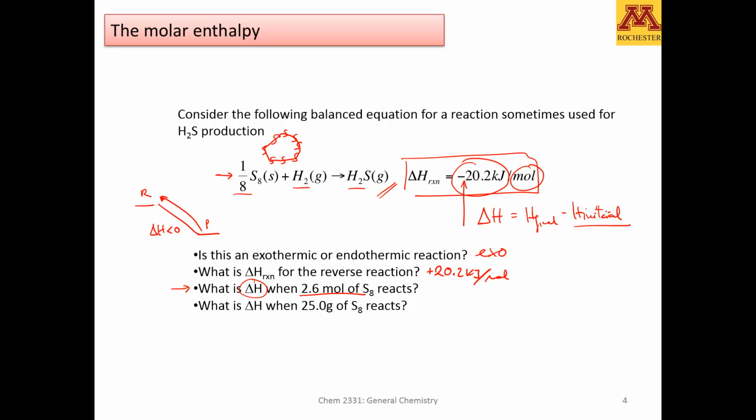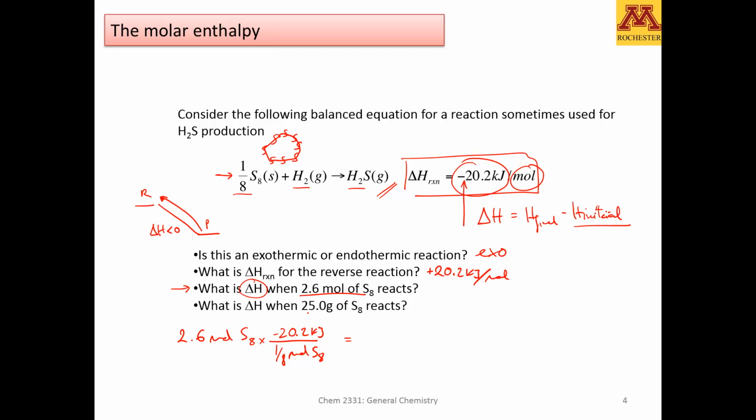So again, we are going to use 2.6 moles of reactants, and we're going to calculate how much delta H the reaction releases. So 2.6 moles of S8. The reaction says, the way it's written, that 1/8 mole of S8 will release negative 20.2 kilojoules. So notice that we just need to do this factor conversion, which will be a negative, and we will be able to calculate how much delta H changes when we use these many moles.